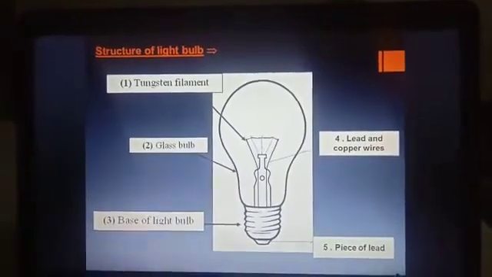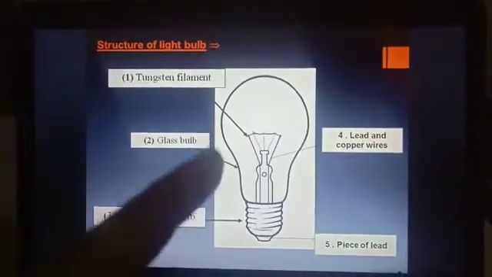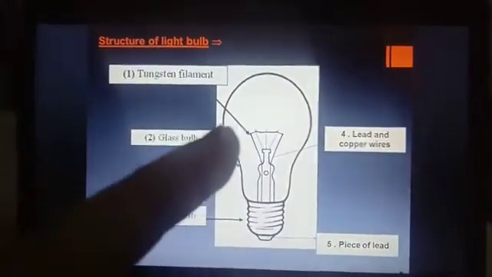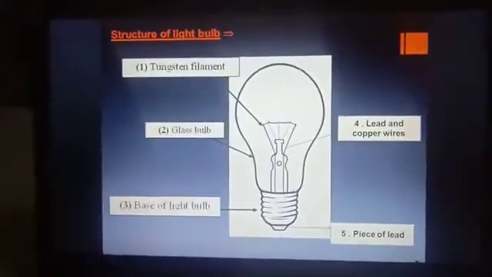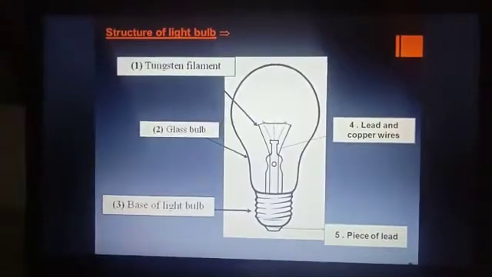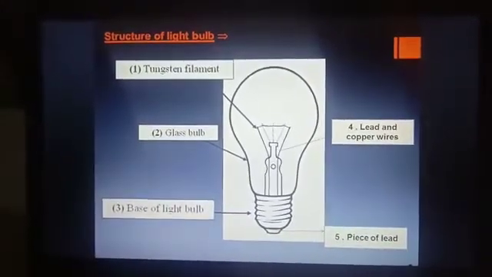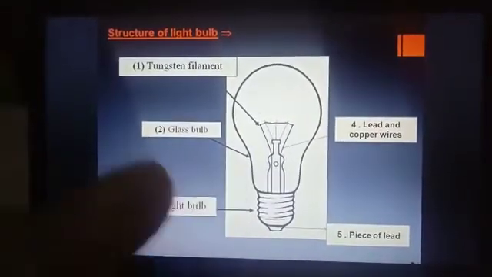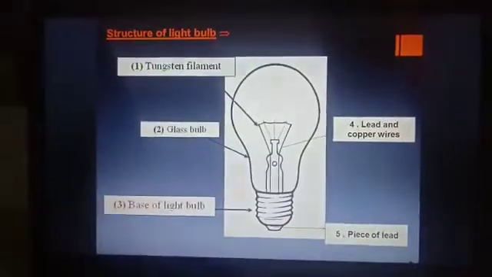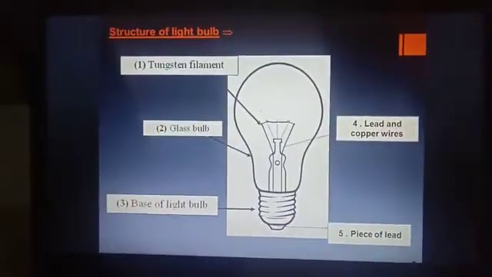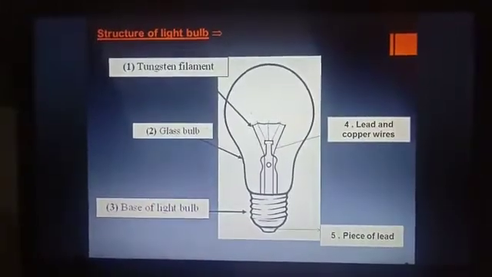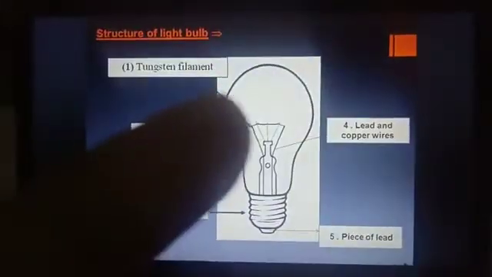Number 2, the glass bulb. Imagine that there is no glass bulb. What happens? The tungsten filament will burn. Why will it burn? Because the atmosphere has oxygen, and oxygen helps in burning. So the glass bulb protects the tungsten filament from burning. So we can ask a question: what is the gas inside the glass bulb?